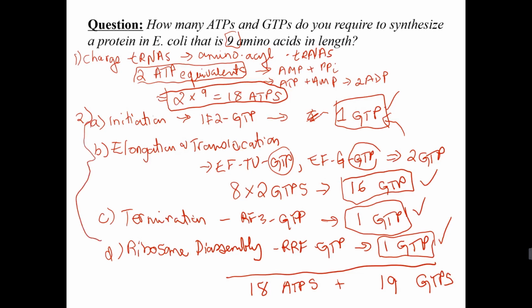And remember, because we've already brought in our first amino acid, we only have 8 amino acids left to carry out the creation of our polypeptide, and then finally termination and then disassembly of the ribosome. Okay, 18 ATPs plus 19 GTPs.